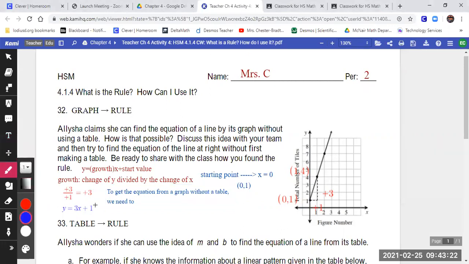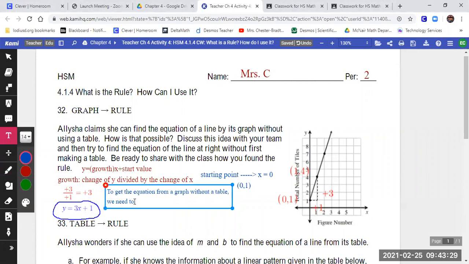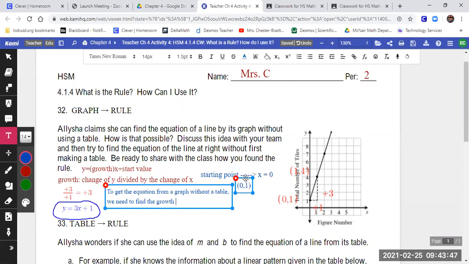We found the growth. How did we find the growth? Here's the equation. What did we do differently this time to find the growth? Look at the work we've already completed.